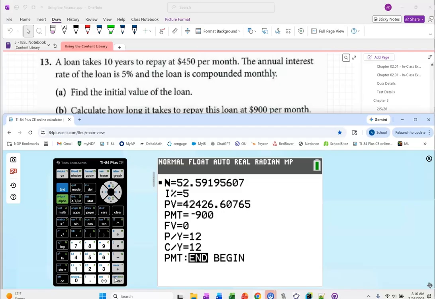Because if you did 52, it wouldn't be done because you have to take into account the decimal. Yeah, so even if that was 52.1, our answer would still be 53, because our last month's payment would not be $900, but it would still have a payment that 53rd month. Everybody's okay?